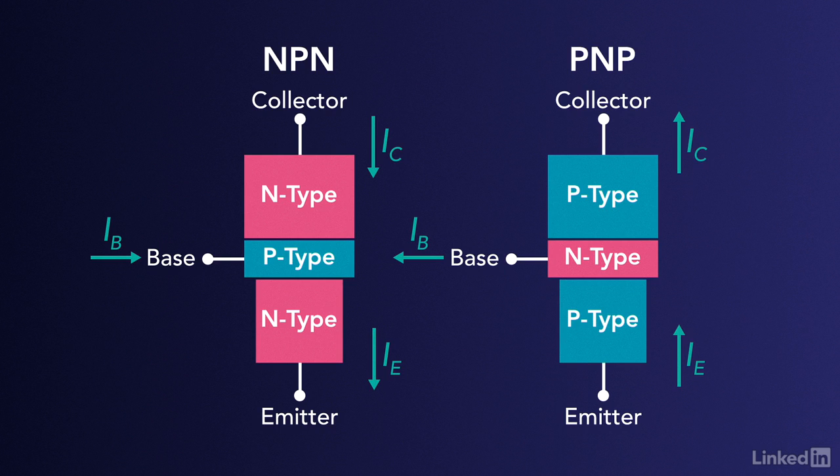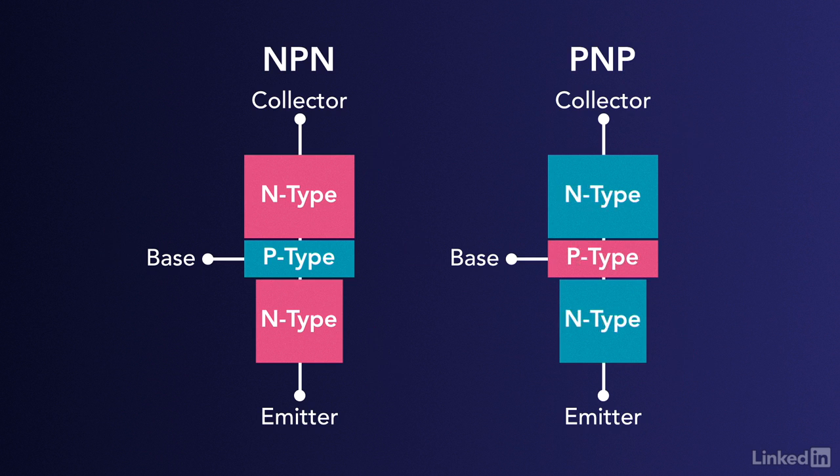Those holes travel from the PNP's emitter to its collector terminal. And since by convention, we say that electric current flows in the direction of the holes instead of the direction of electrons, the conventional current through a PNP flows from its emitter to the collector, along with the holes.